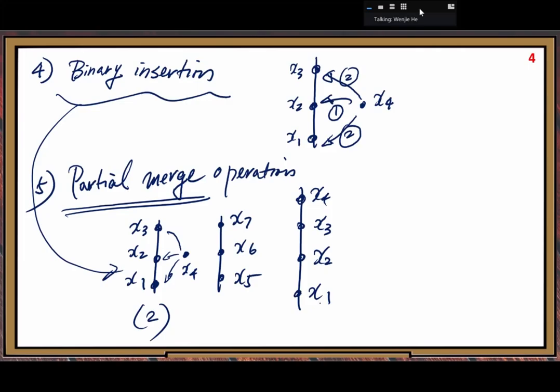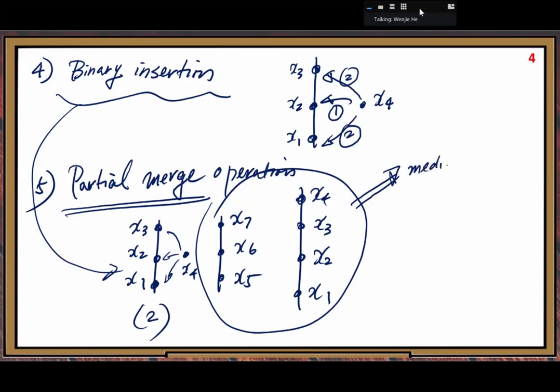Then in these two ordered arrays, our goal is to find the median, because that's question number 13. What's the median?